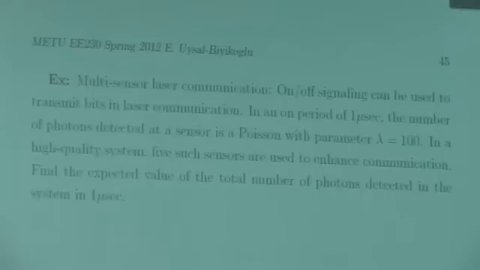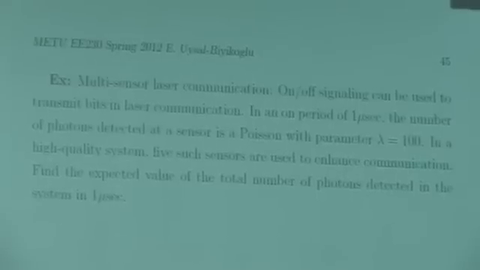But let's see. Multi-sensor laser communication. On-off signaling can be used to transmit bits in laser communication. On-off signaling means if there's a signal, record it as a 1. If there's no signal, record it as a 0.